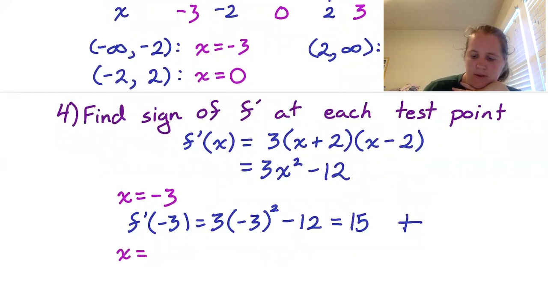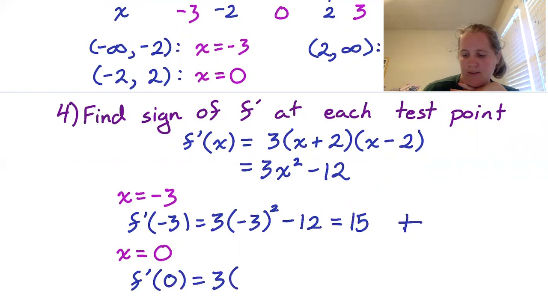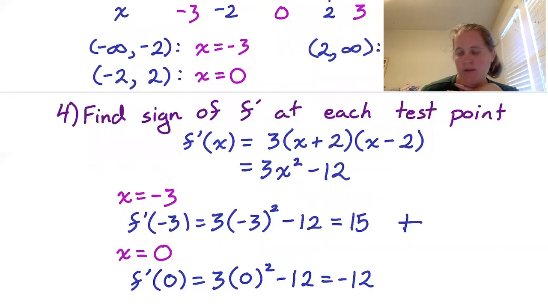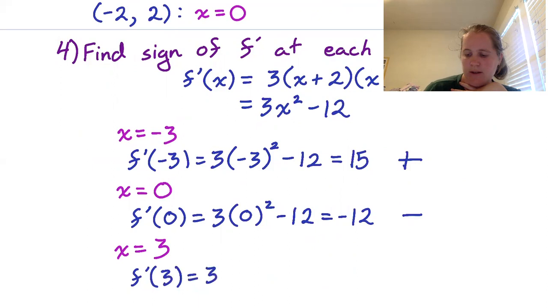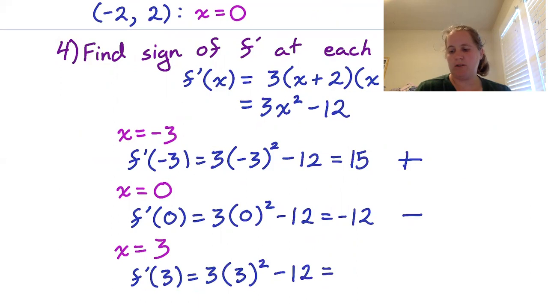At x equals 0, we would have f prime of 0 is equal to 3 times 0 squared minus 12, or negative 12. So we have a negative. And then at x equals 3, we have f prime of 3 is equal to 3 times 3 squared minus 12. Again, 27 minus 12, or 15, so we have positive.